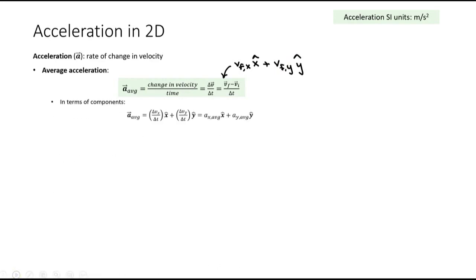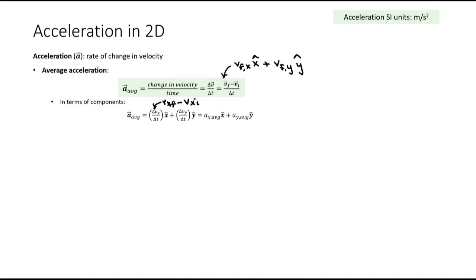All right, and so then we could write this out in terms of vector components. We could think about a change in velocity in the x direction. So in other words, that's going to be like our vx final minus vx initial. Because remember, when you subtract vectors, you only subtract like components.